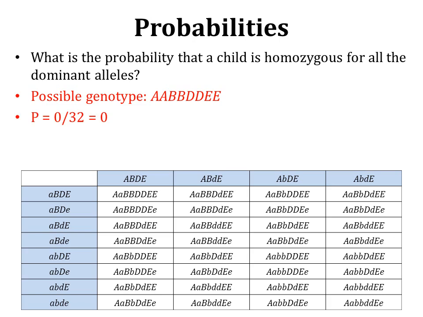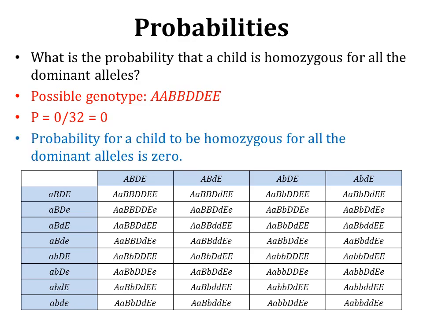Why is the probability 0 by 32? Because when we looked into all these 32 outcomes, none of the genotypes was this one. None of the genotypes was homozygous dominant for all of the 4 genes. So the probability for a child to be homozygous for all the dominant alleles is 0. So this is our answer.